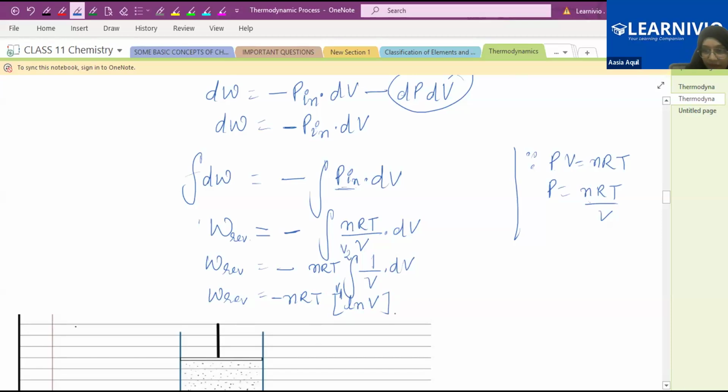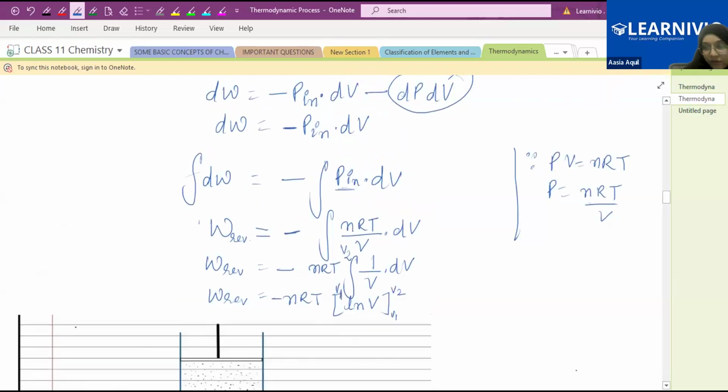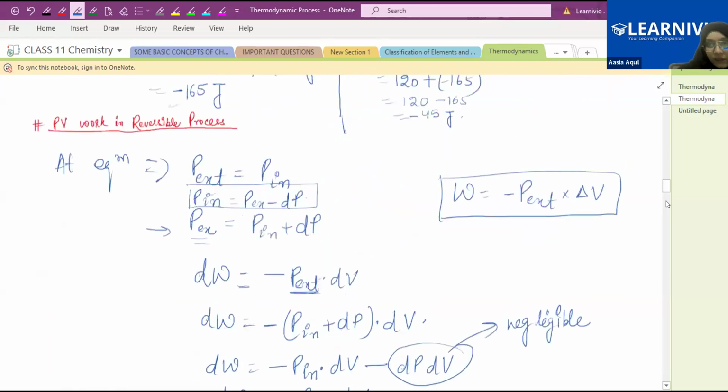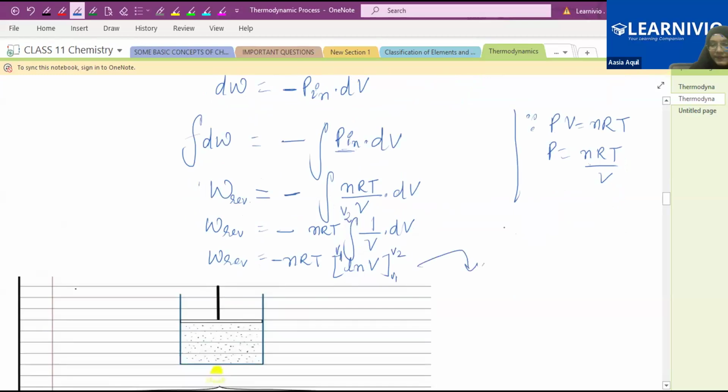So V1, V2. There's no space over here, so I'm just writing the next step over here.